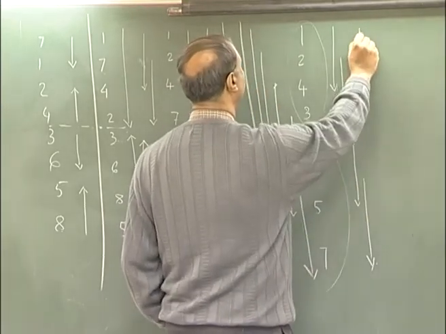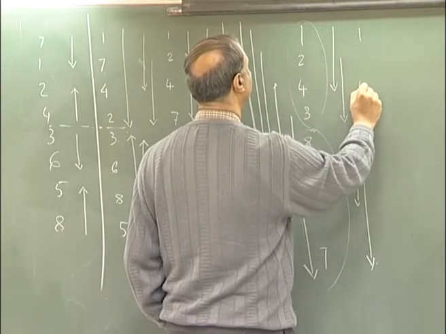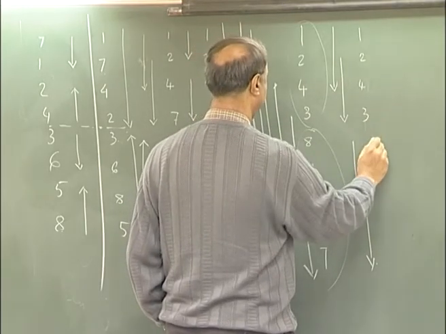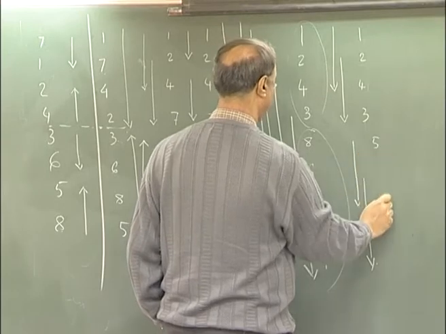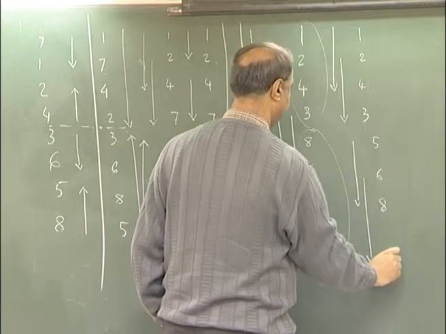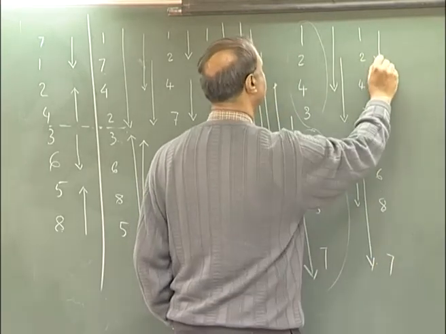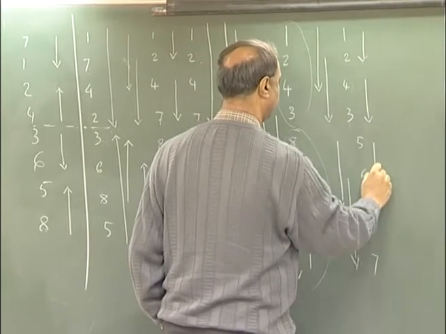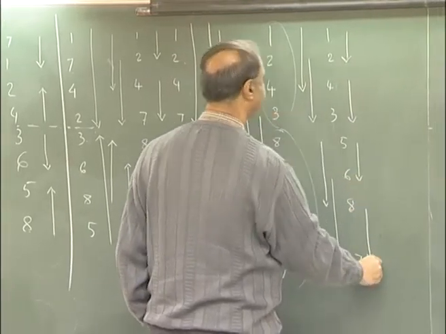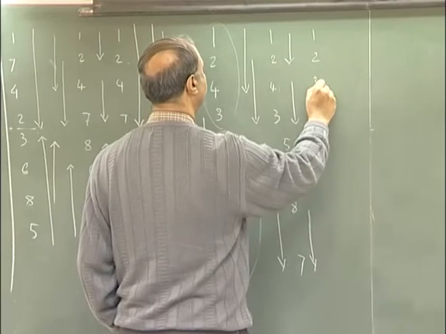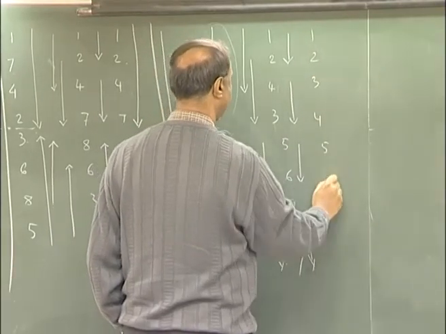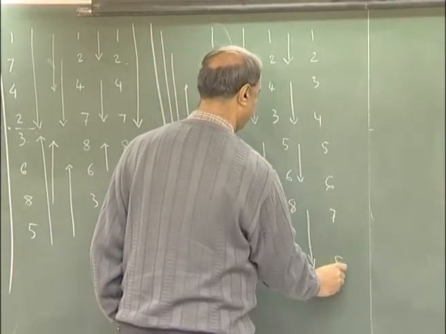You get here 1, 4, 2, 3, 5, 8, 6, 7. Then you compare with this. 1, 2, 3, 4, 5, 6, 7, 8.